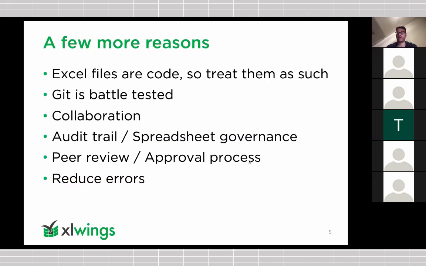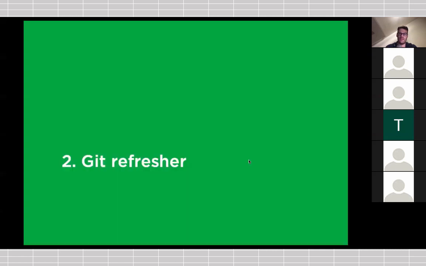Spreadsheet governance programs are more and more a topic in companies. And you can also use Git for a more formal peer review and approval process. All in all, I guess it's just a formal way of treating your critical workbooks that could allow you to eventually, hopefully, reduce errors in your spreadsheet.